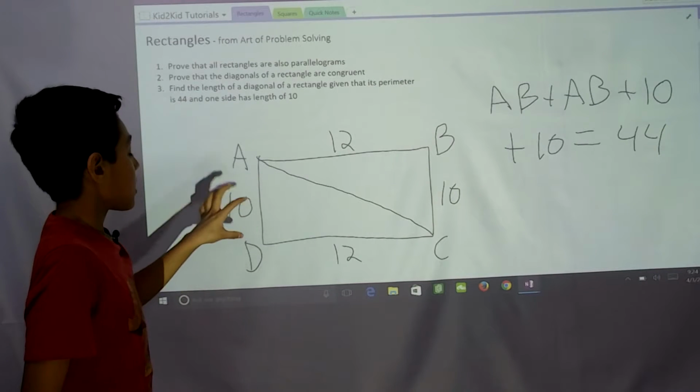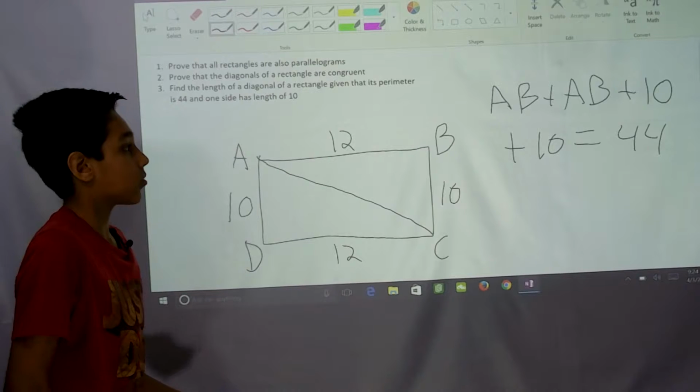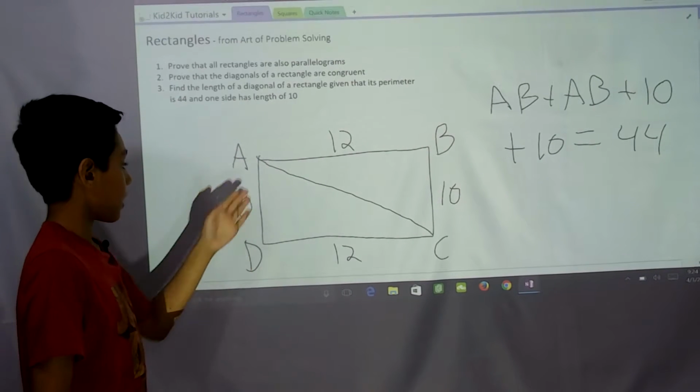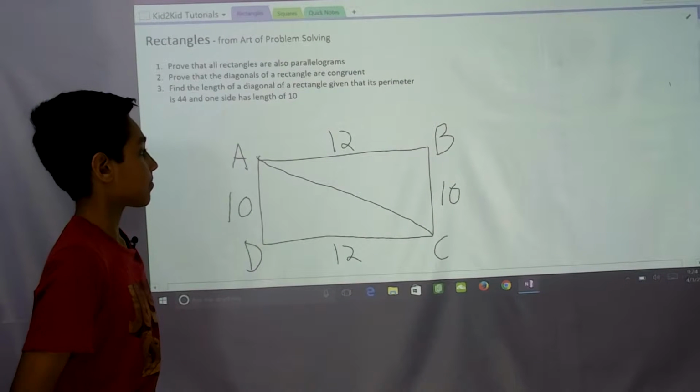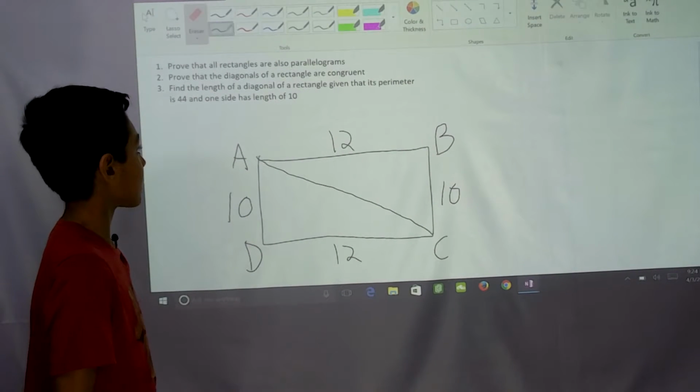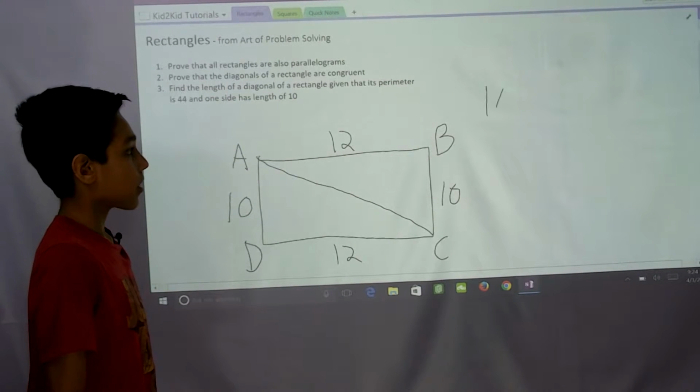And then we use the Pythagorean theorem to find this side. So we have 10 squared plus 12 squared equals AC squared. So we'll clear that off since we already know these sides.